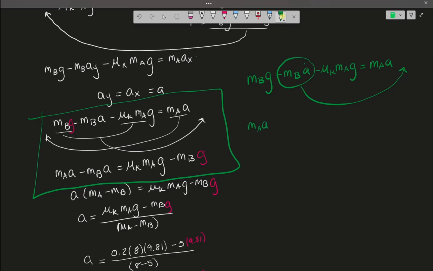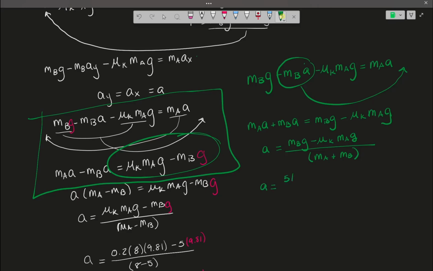M_A plus M_B times the acceleration is equal to M_B G minus mu sub K M_A G. I had it backwards. So a simple mistake with algebra turned into, honestly, about a 20-minute ordeal of me trying to figure out what in the world I did wrong. And it was just a stupid, simple algebra mistake.